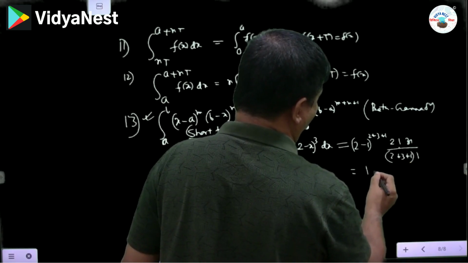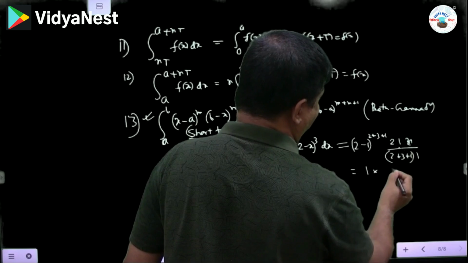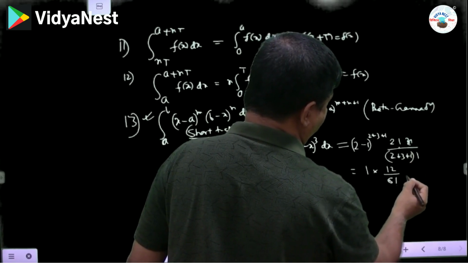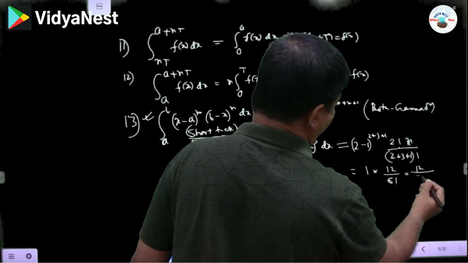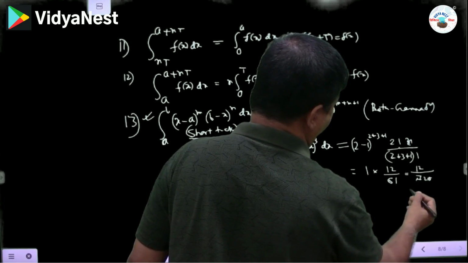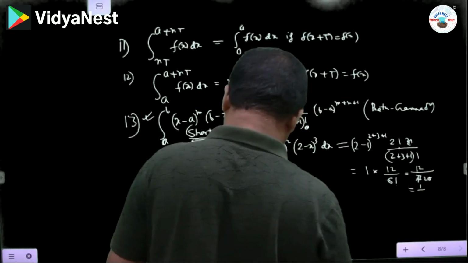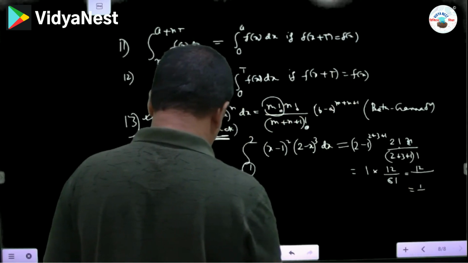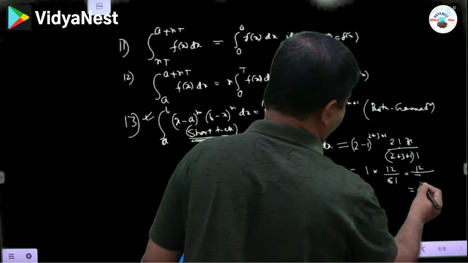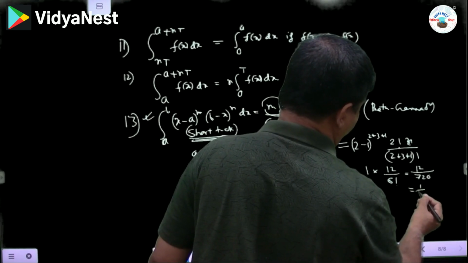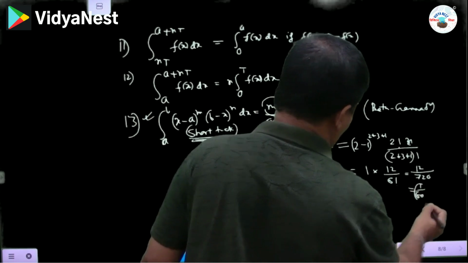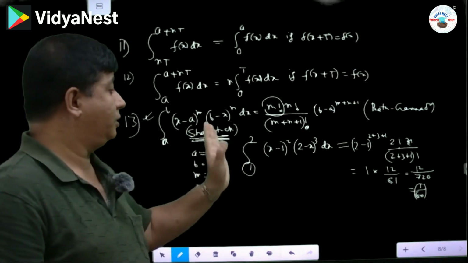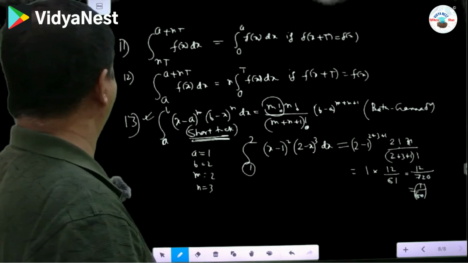Then factorial 1, factorial 3 is 6, 12 and factorial 6. 12 by 720. Answer 1 by 60. Okay, so in a short span you can do a sum of that type.